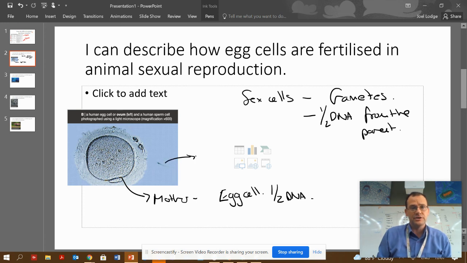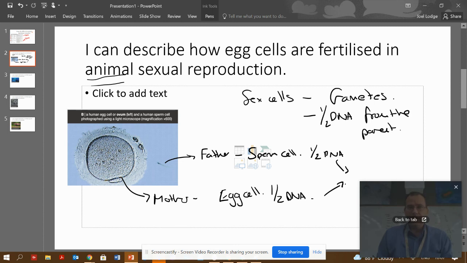This image here also shows another gamete from the father, or the male. In this case, we're looking at animal sexual reproduction. We call this a sperm cell. That also has half the DNA.